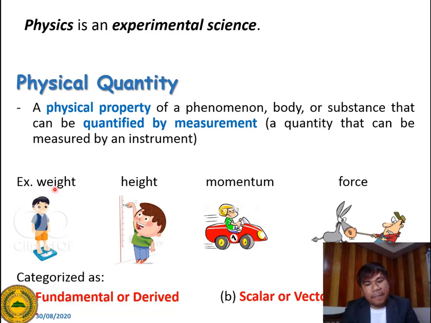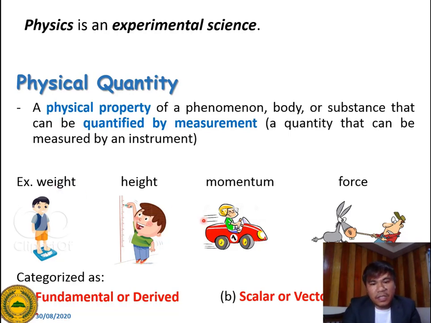Acceleration is another derived quantity. So the combination of mass times the acceleration due to gravity creates weight. That's why weight can be categorized as a derived physical quantity.